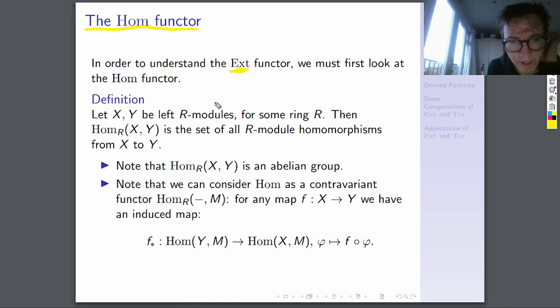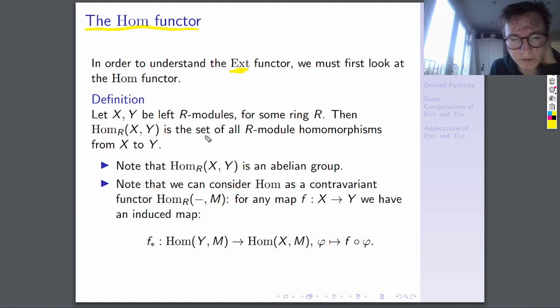The way that it's defined is, if we're given some left R-modules, X and Y, then Hom_R, and often this subscript is dropped when it's clear what the ring R is. For example here I've dropped the subscript just because it's a bit inconvenient to write out, and it's quite clear that we're working over some arbitrary ring R.